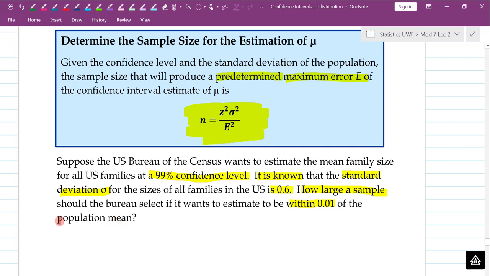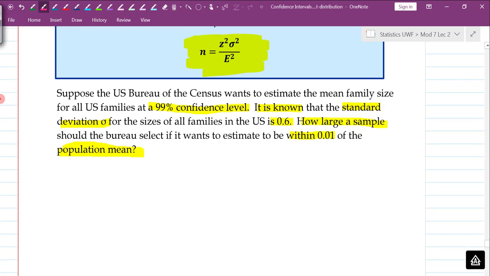Okay, so here's our formula. Let's write down everything that we know. We know that we need to be 99 percent confident. Okay. We know that our population standard deviation, sigma, is equal to 0.6.